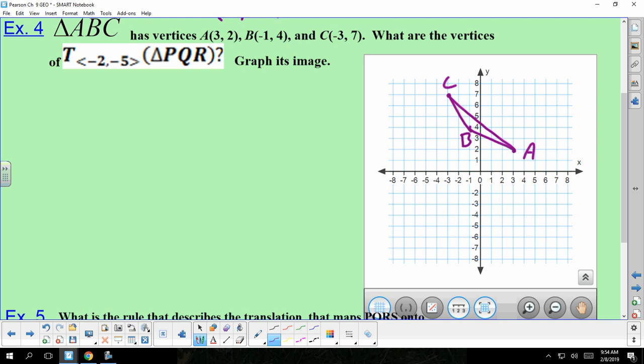All right, so what I'm going to do is take each of these points and I'm going to move A over to the left 2 and then down 5.